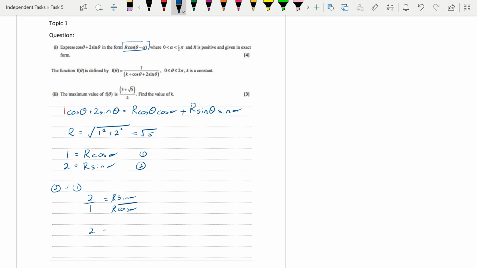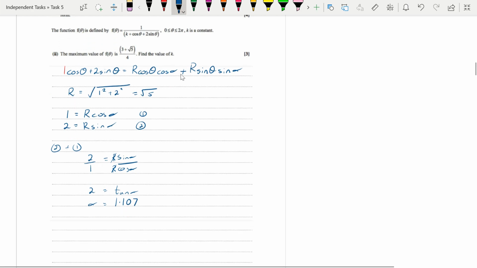I've got 2 on this side, and sine over cos is tan, so I can solve that for my alpha. Now be careful, it's in radians, so make sure your calculator's in radians. Normally these questions are in degrees, but in this case it was in radians. So you've just got to be careful about making sure we switch those things around.